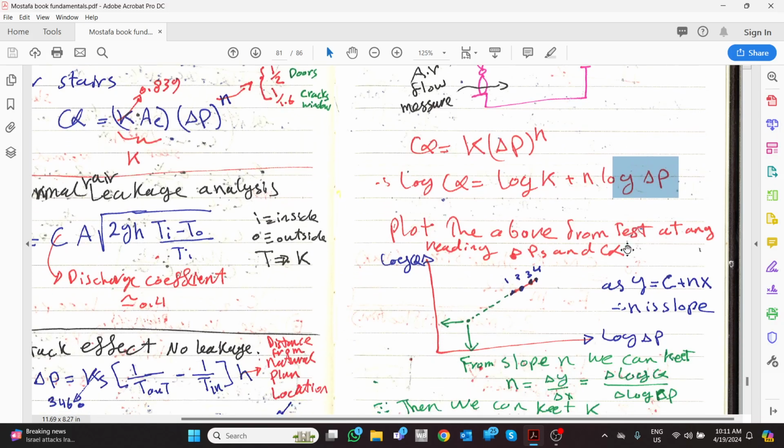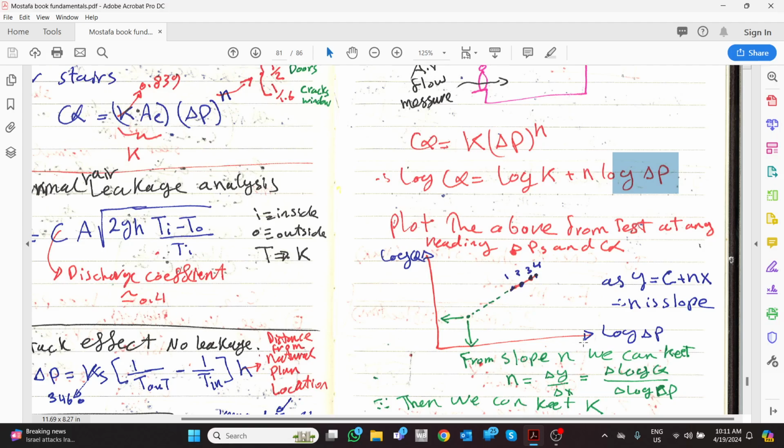If you plot on a logarithmic scale, log Q as numbers and log P as numbers, assume one is X and one is Y, so Y equals C plus n times X. Plot log Q in the Y direction and log delta P in the X direction, and you will get one point for each measurement.